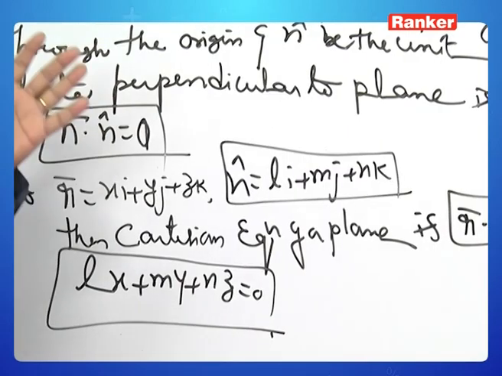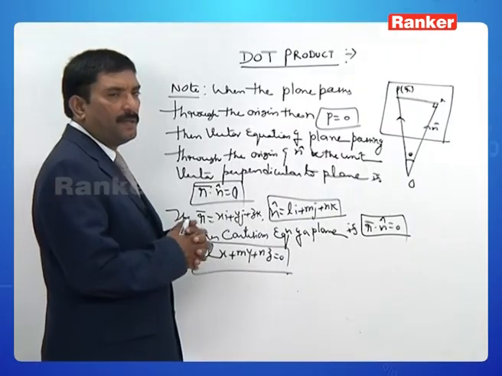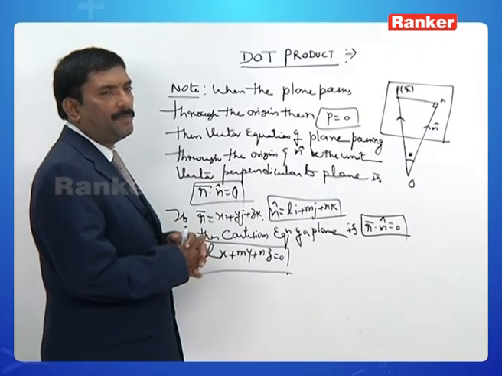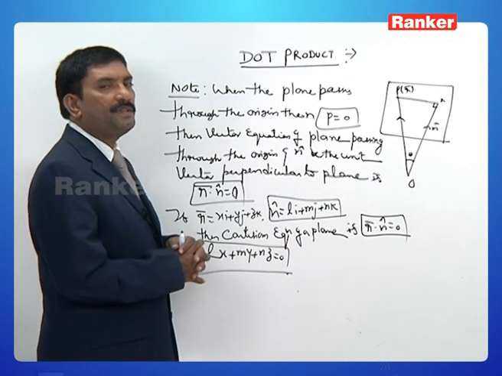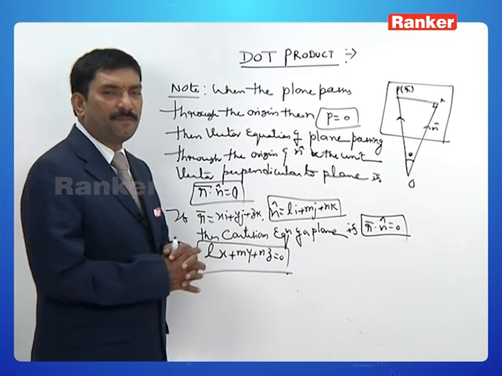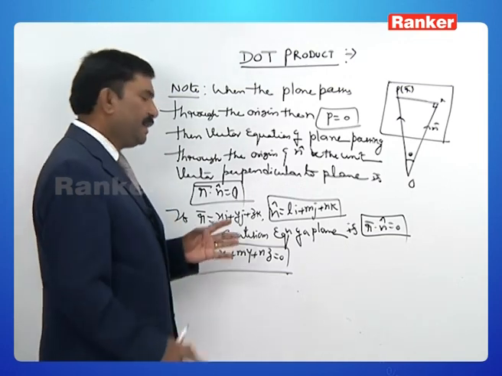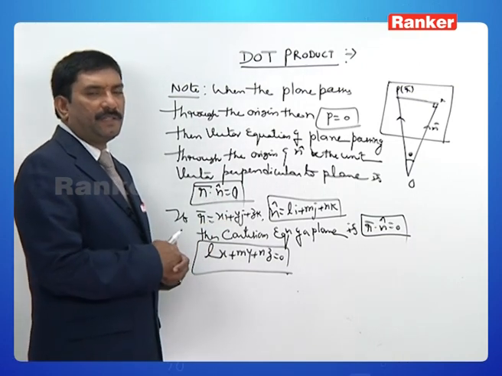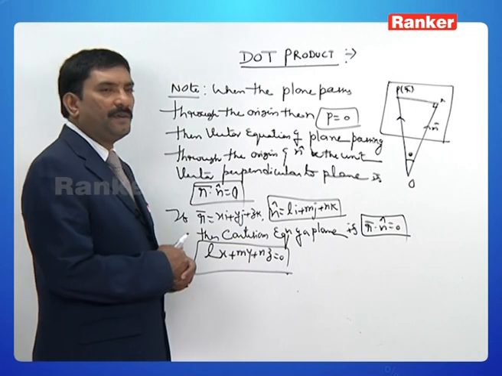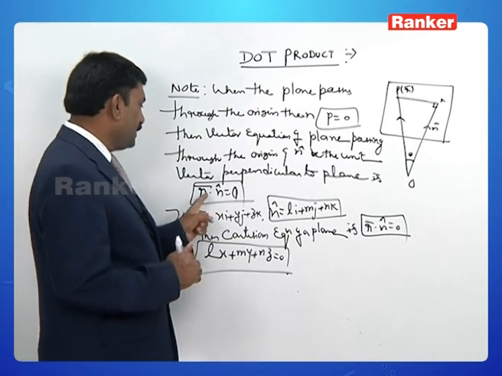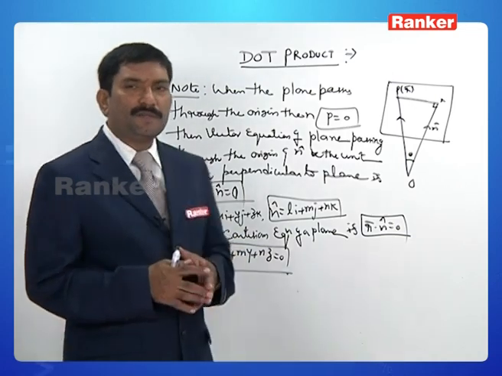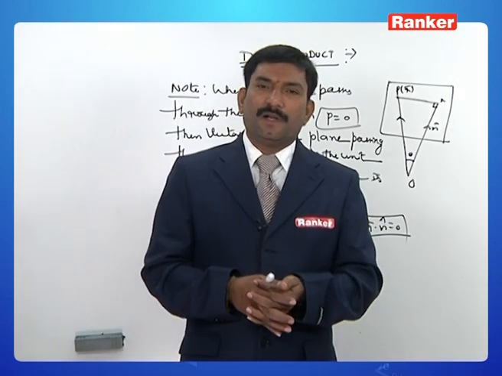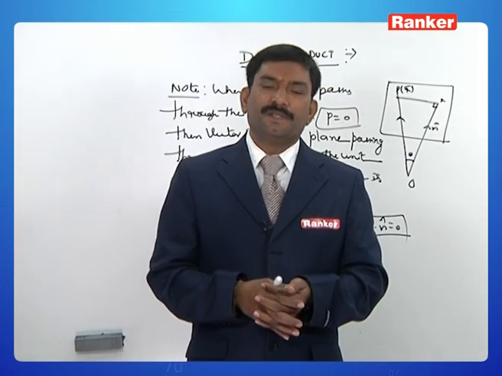This is the Cartesian equation of a plane perpendicular to n cap and passing through the origin, given by lx plus my plus nz is equal to 0. And meanwhile, this is r bar dot n cap is equal to 0.